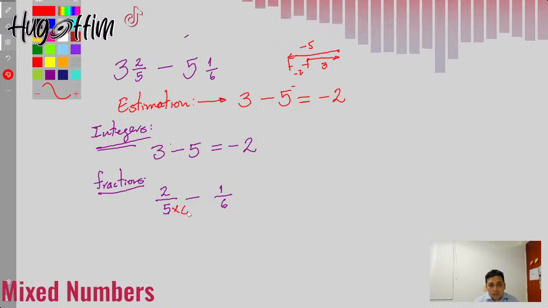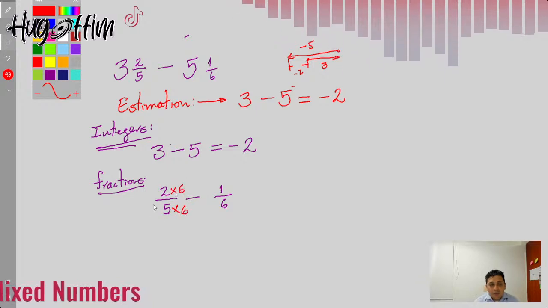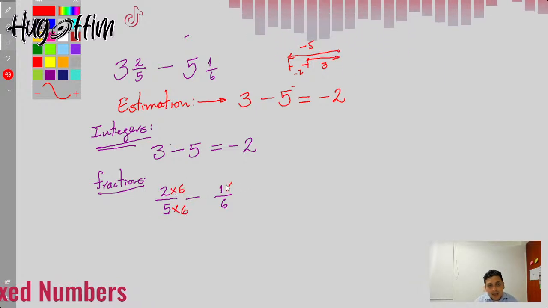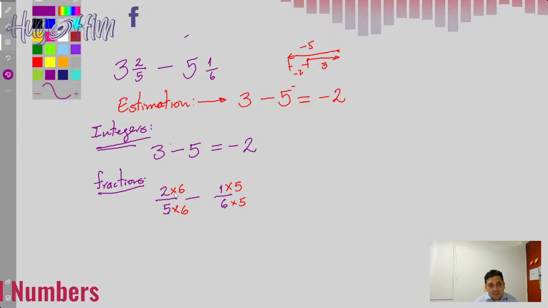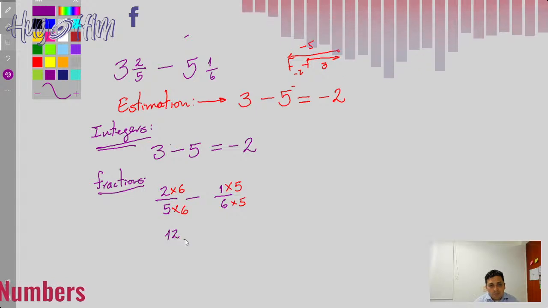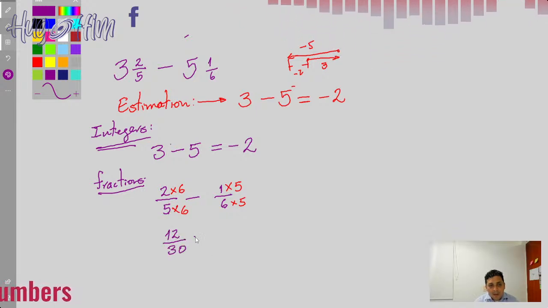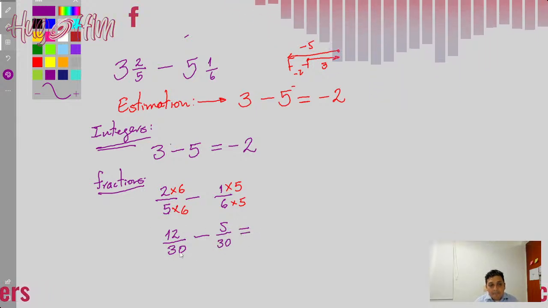So I'm going to multiply my fraction with denominator 5 times 6 and my fraction with denominator 5 times 5. So this is going to give me 12/30 minus 5/30. And this subtraction is going to give me a positive number.